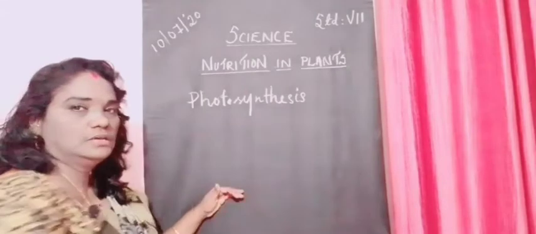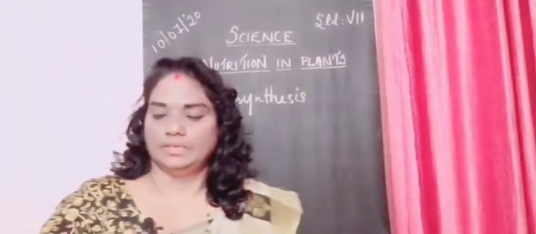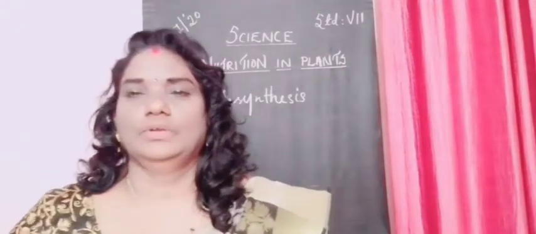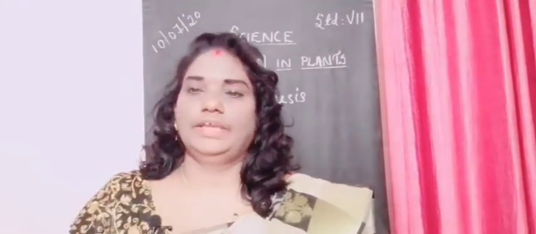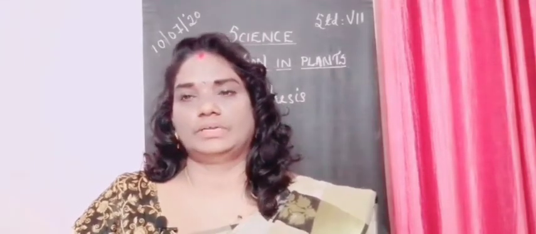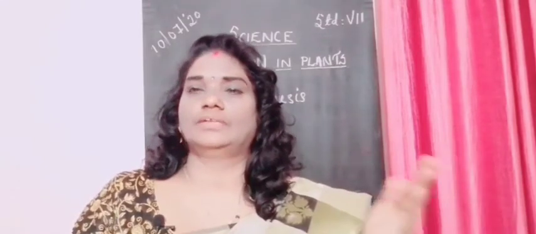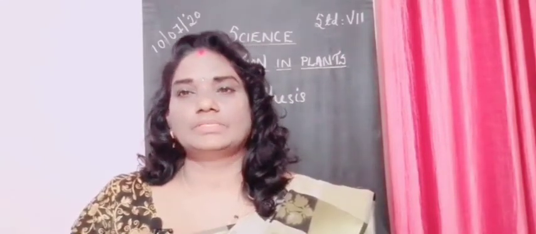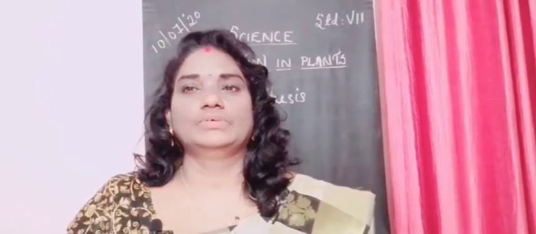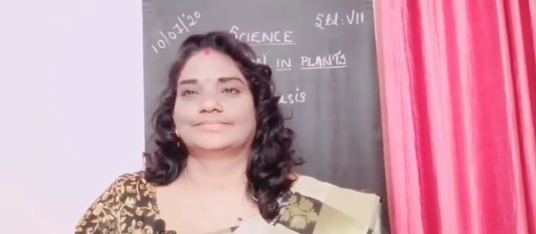Synthesis means preparation, manufacturing. So the process by which plants prepare their own food by using carbon dioxide and water in the presence of sunlight and chlorophyll is known as photosynthesis. Got it, children? Okay.